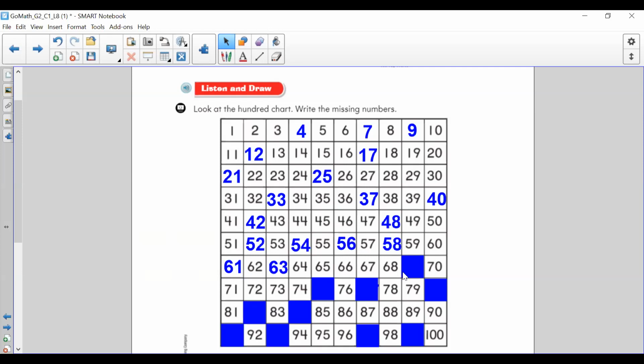And what do you think comes after 68, right before 70? 69. And then after 70, we get into the 70s. What comes after 74? 75, 76, and 77. And after 79, 80, 81, 82, 83, 84.